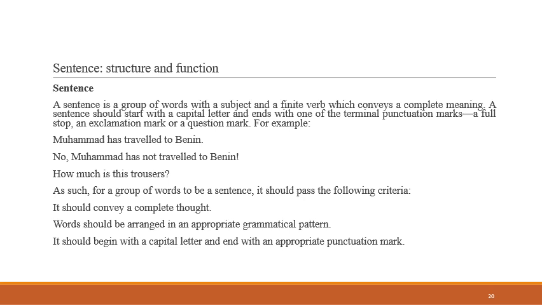It conveys a complete meaning and starts with a capital letter and ends with an appropriate terminal punctuation mark, like a full stop, an exclamation mark, or a question mark. Take a look at the examples on the screen. Muhammad has traveled to Benin. Having what? A full stop ending the sentence.